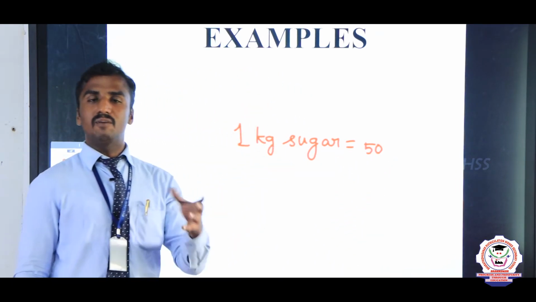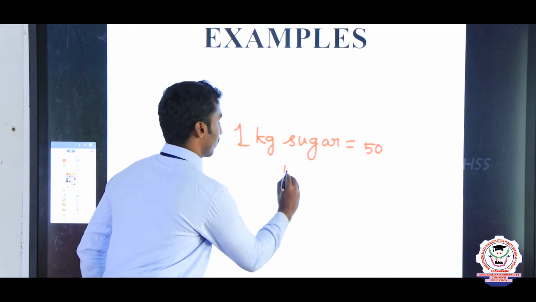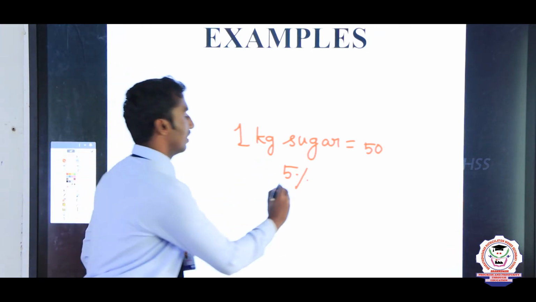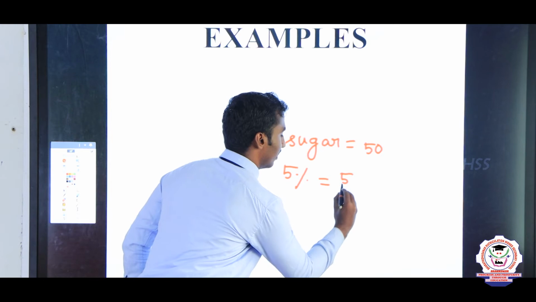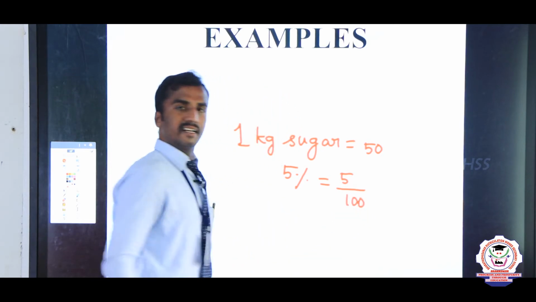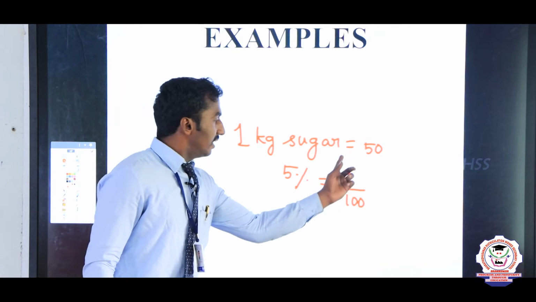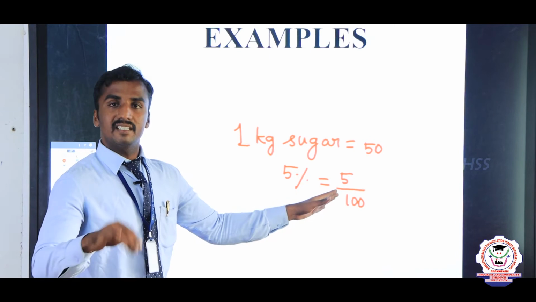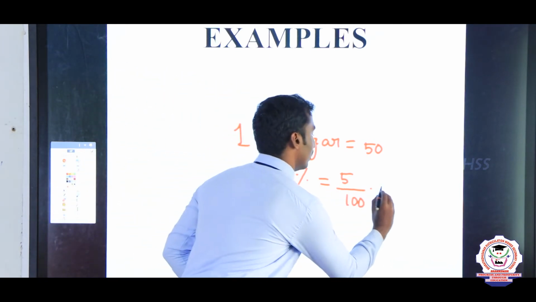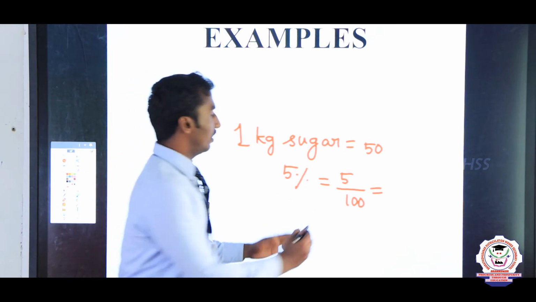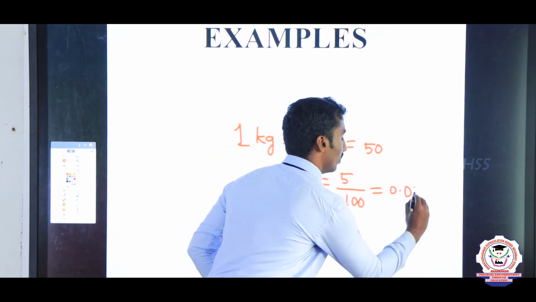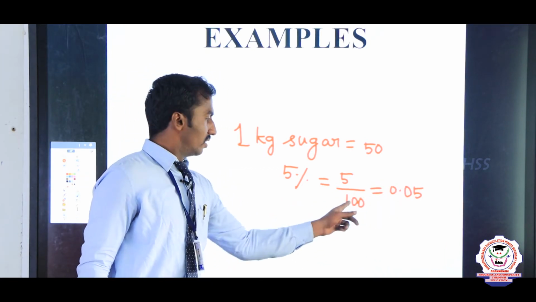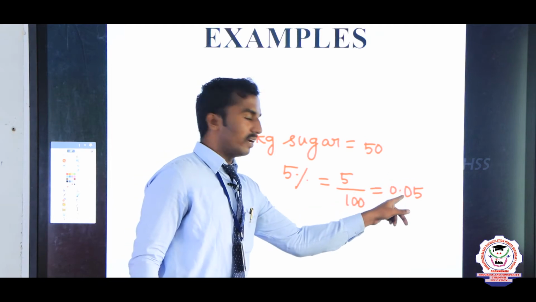The shopkeeper gives a discount of 5%. 5% means 5 by 100, which is a decimal fraction. Converting this decimal fraction into a decimal number gives 0.05. Here there are 2 zeros, so after the decimal point there are 2 digits.